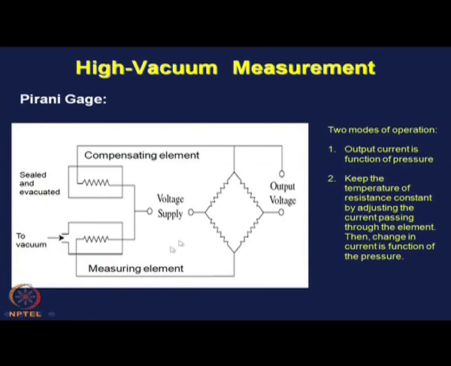So, this is a schematic of Pirani gauge. We have a Wheatstone bridge. This is a measuring element which is nothing but a resistance wire, usually platinum or tungsten wire. Oftentimes we use coiled platinum or tungsten wires.